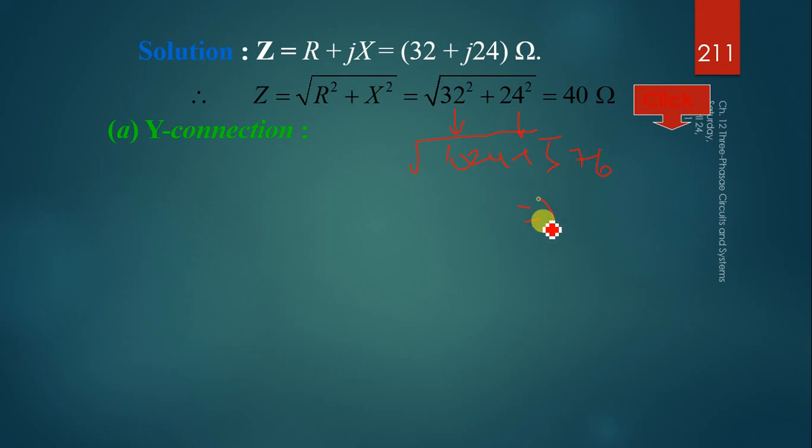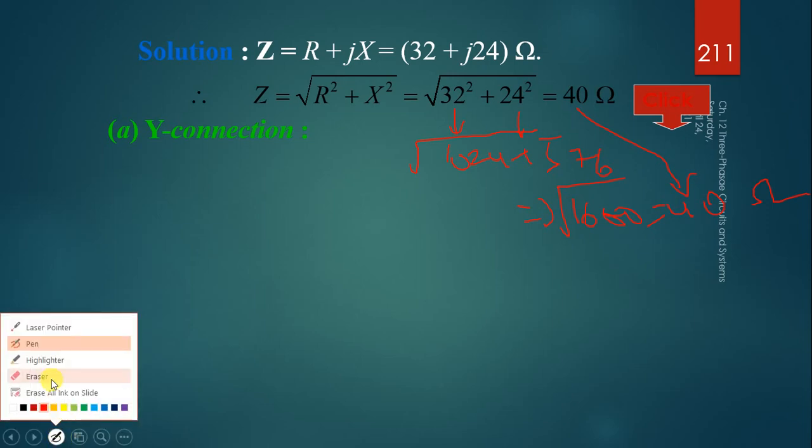What is the value? 1600. Under root will be 40. Isn't this clear? So the answer is 40 ohms. You have to be very specific. It is 40 ohms.